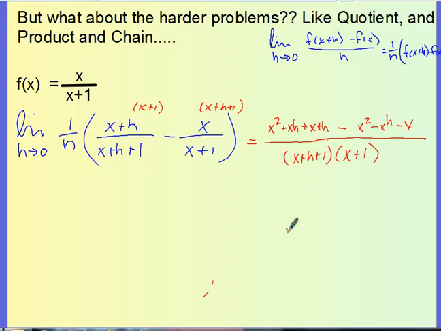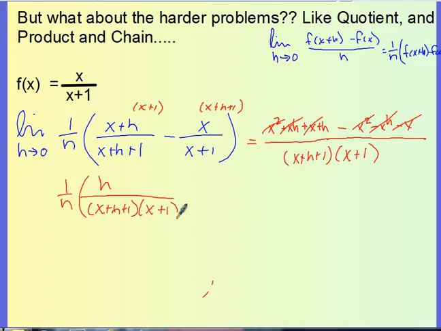Okay, now simplify. I still have my 1 over h on the outside. The x squareds cancel. The xh cancels. The x cancels. So I'm just left with what? H on the top, and x plus h plus 1 times x plus 1 on the bottom.